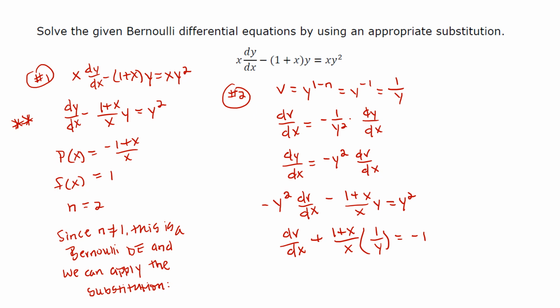Okay, so now we're going to solve the resulting linear equation for v. Okay, so we're going to replace our 1 over y with v. Okay, and we're then going to solve this using one of the steps that we've previously learned. So let's go to the next page here. So this is step 3.